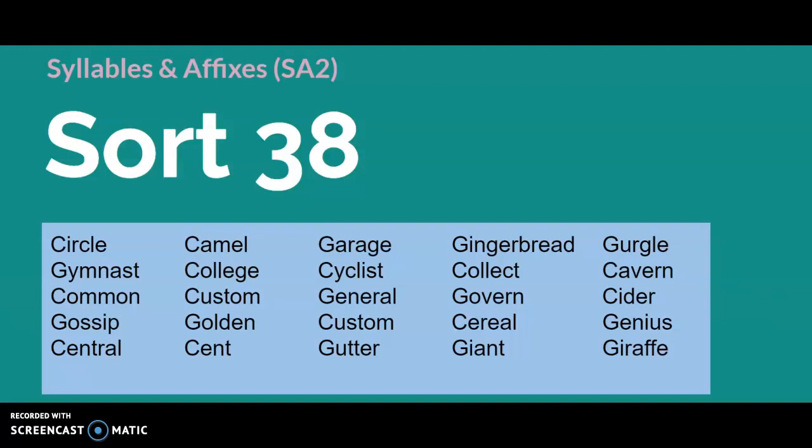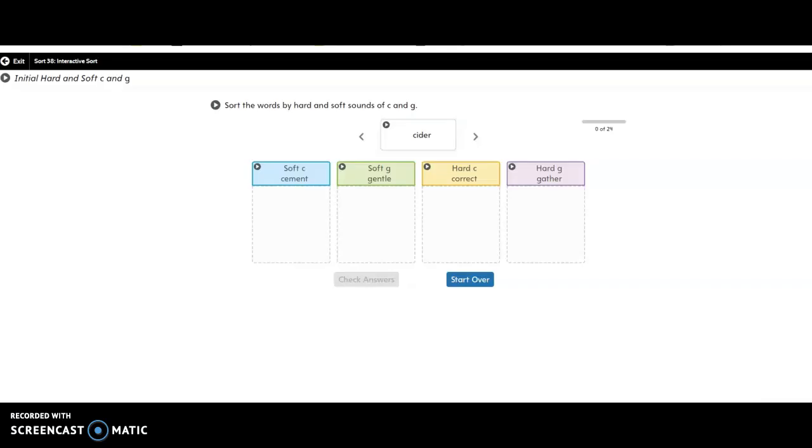As we've started looking at some of these words, you may have noticed that the initial letters have something in common. All of these words either begin with a C or a G. But you may also notice that those initial letters do not always make the same sound. So that is what our sort is going to be based off of this week. Here we have our word headings. We will find words with a soft C sound, as in cement.